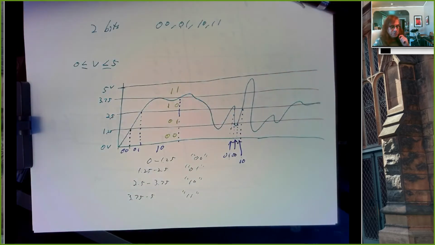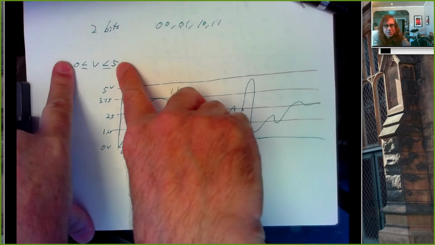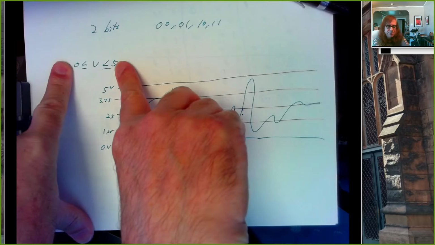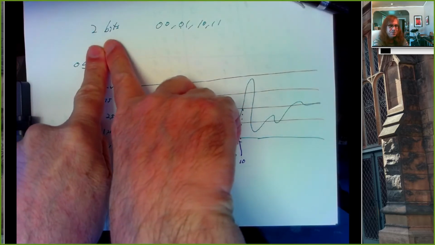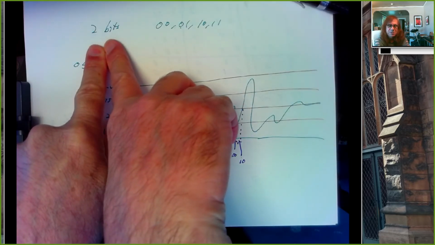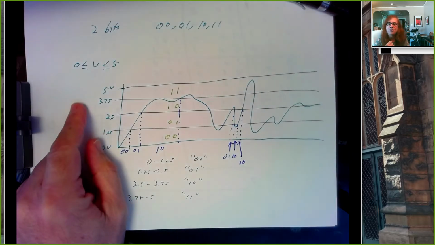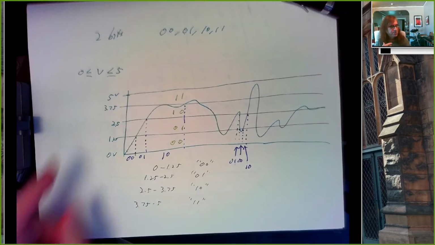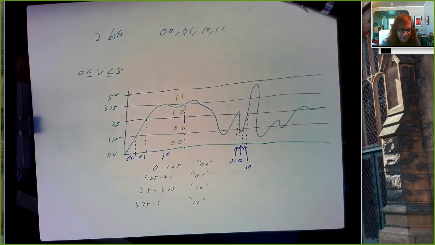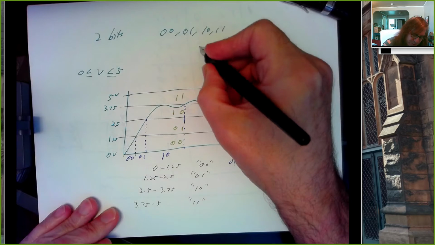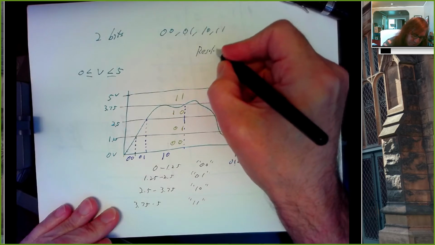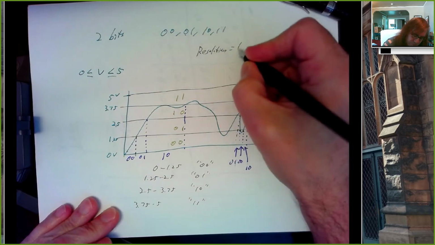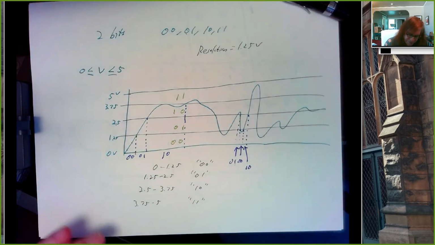So in general, if you have a certain range of voltages that you're converting to digital, and you have a certain number of bits, you can ask questions like, what's the finest resolution that we can discriminate in our input signal? And in this case, the resolution would be 1.25 volts.